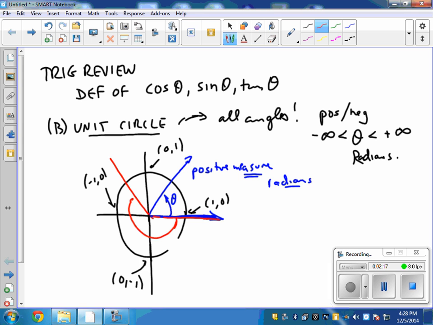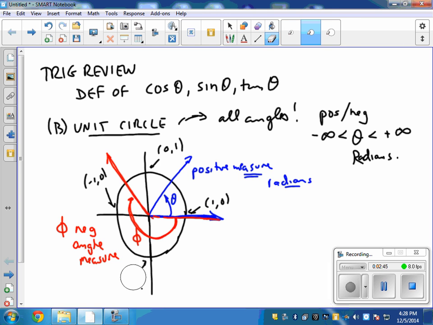So here's an angle rotating this way that we'll call something besides theta. How about phi? So use another Greek letter. And so phi has negative angle measure. Okay, so that's the first thing we have to deal with: positive and negative angles.